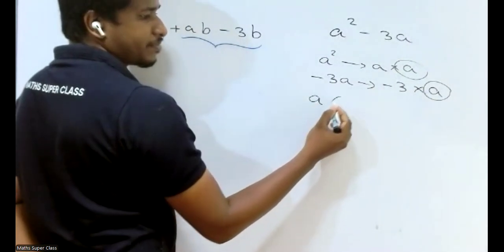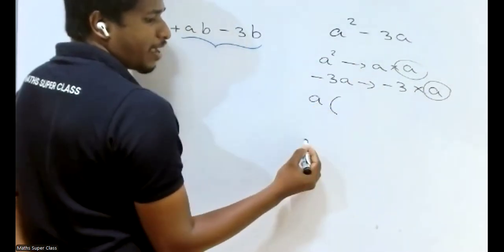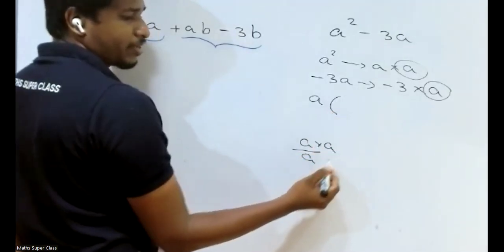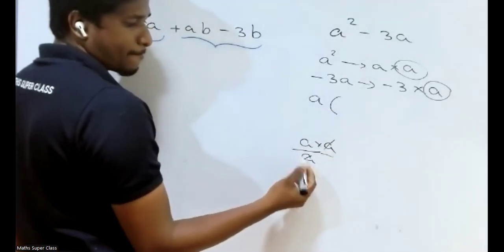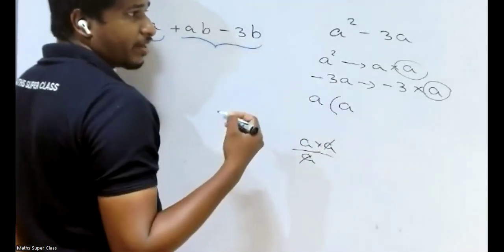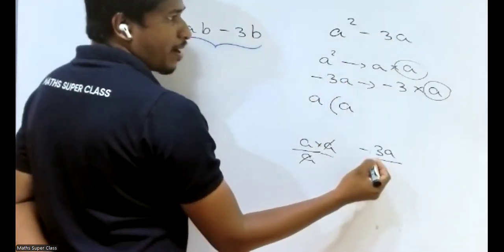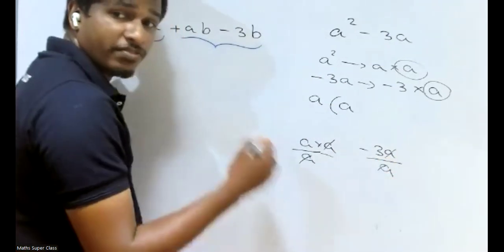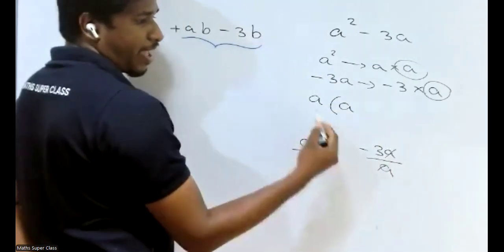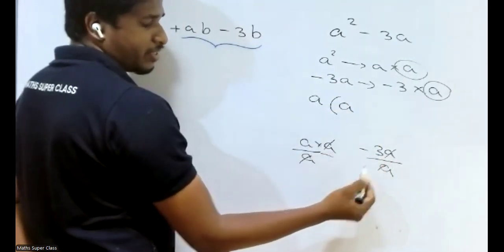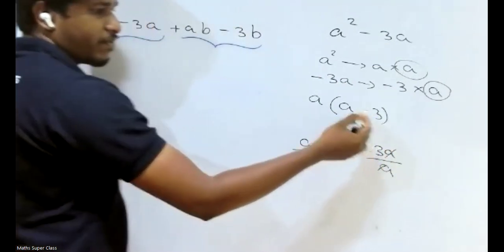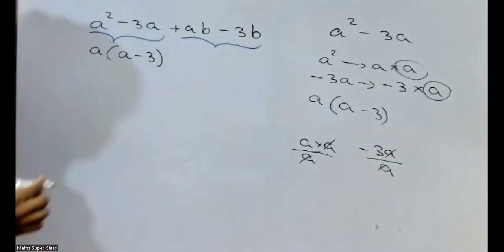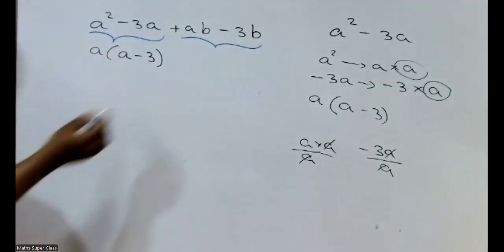So, a square divided by a. a square means a into a, so a into a divided by a is a. Then minus 3a divided by a. That thing we did before: a cut with this a, only minus 3. Then we can write this one here: a minus 3. Now we are going to do the same thing for this one.